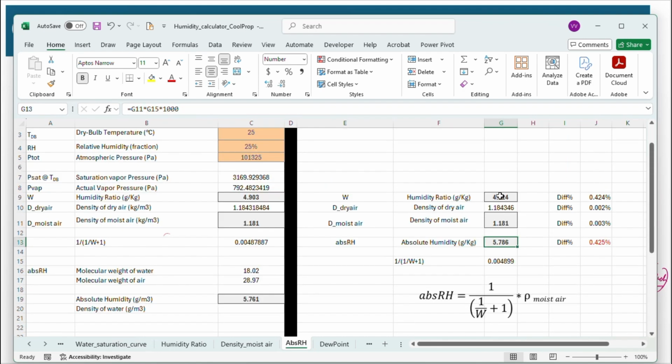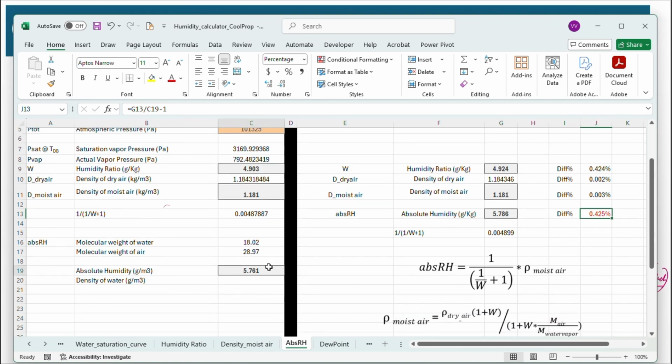So it's actually a three-step process here. I forgot to mention that there is no absolute humidity function in HAPropsSI. So you have to indirectly calculate this way. And the error calculated is also not very low, but it's reasonably low at 0.425%, compared to this value here.